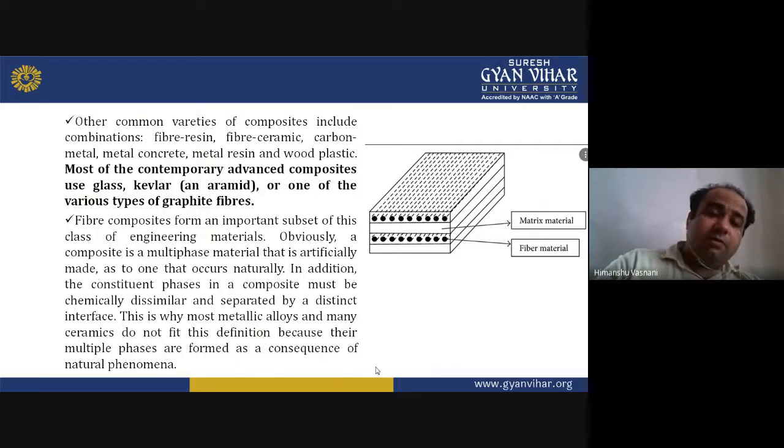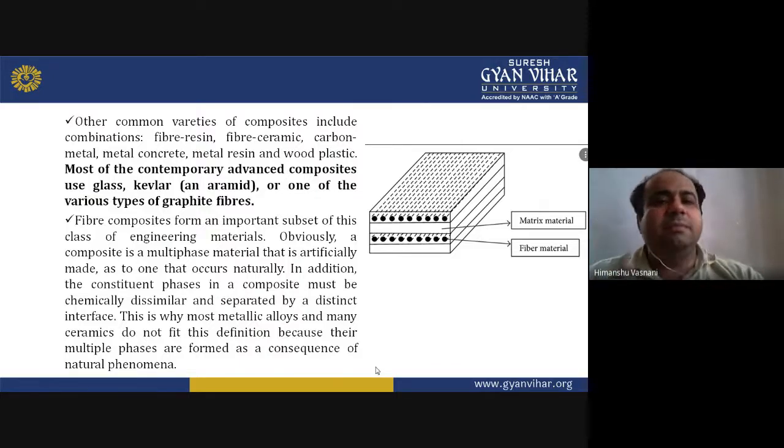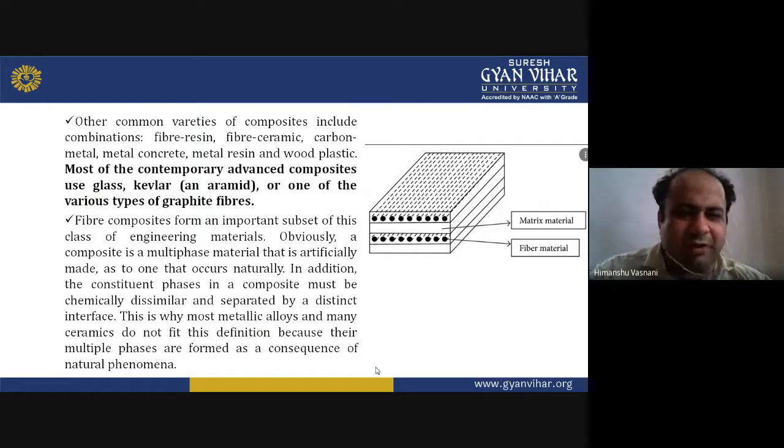Fiber composites form an important subset of this class of engineering materials. A composite is a multi-phase material that is artificially made, as opposed to one that occurs naturally.